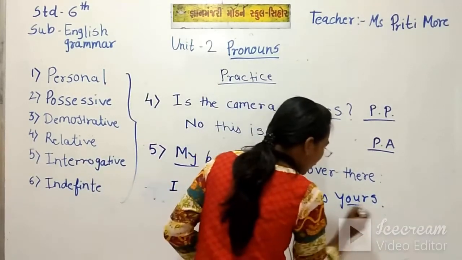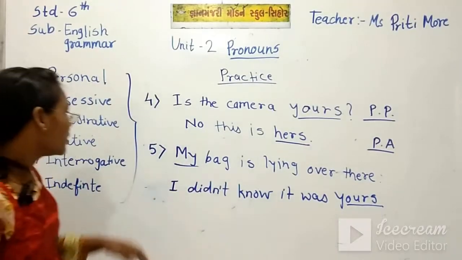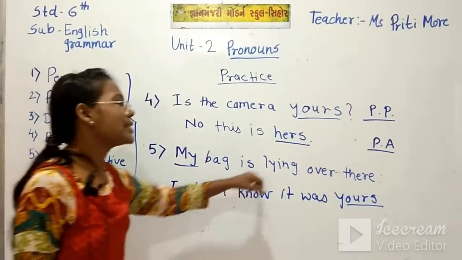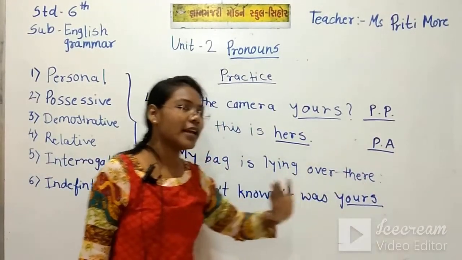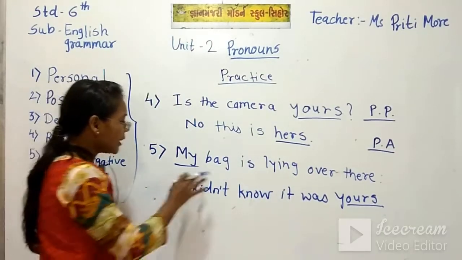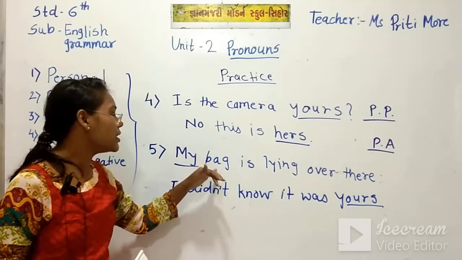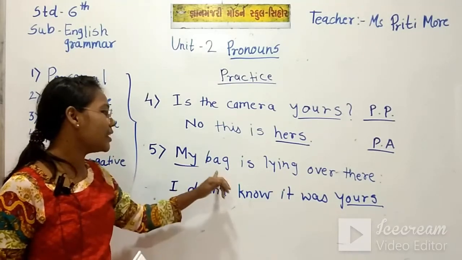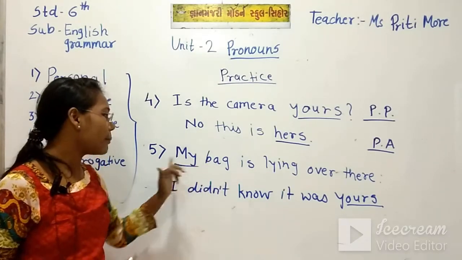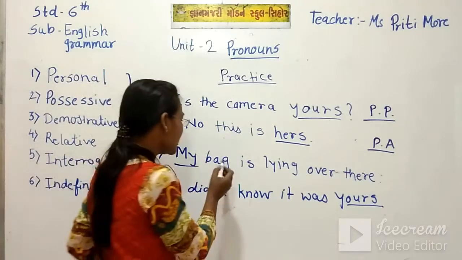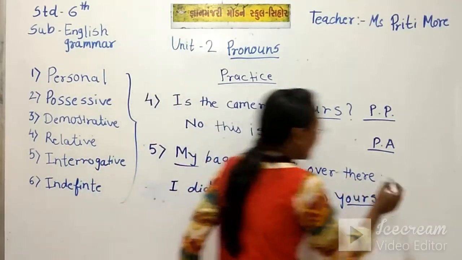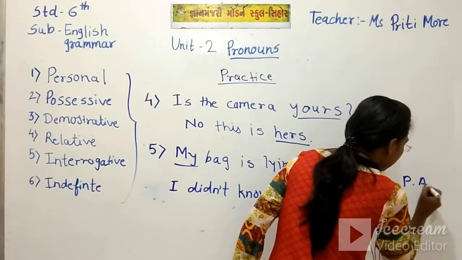Now here the word yours is given. Now see, my bag is lying over there. This word my is telling the authority of this bag, the information of the bag, my bag. So this is the possessive adjective.